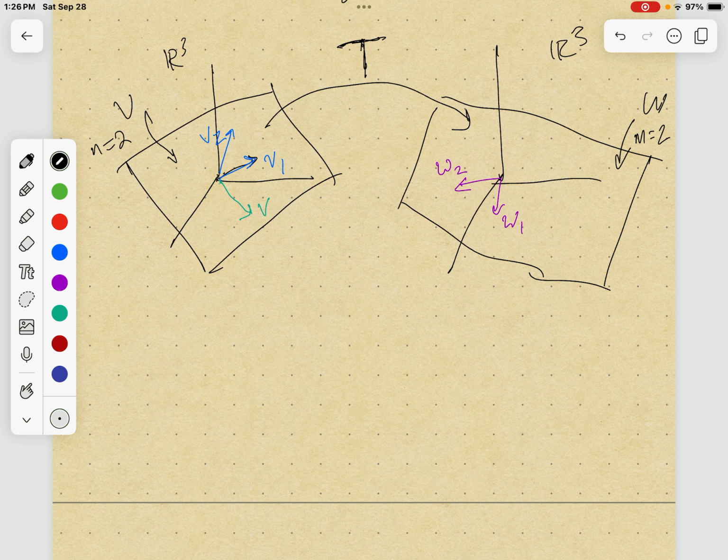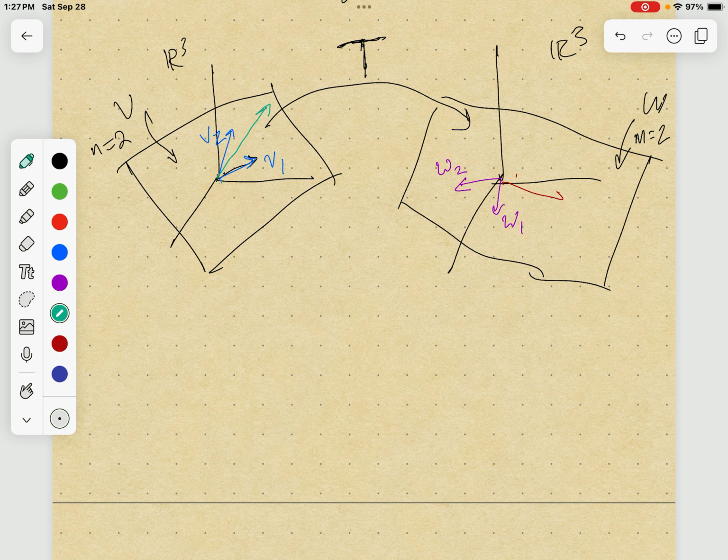Well, it's going to take a vector in V to a vector in W. So let's say it's, well, actually, the way I defined it, it looks like I have a specific linear combination of V1 and V2, right? So why don't I erase, let's make my V, say V1 plus V2.